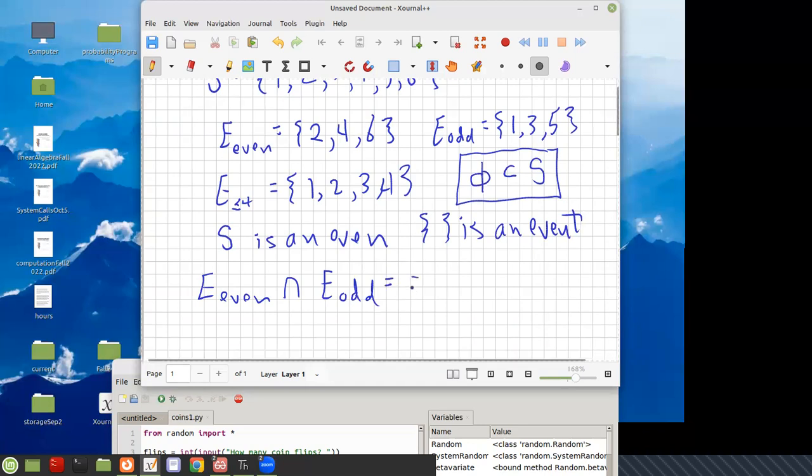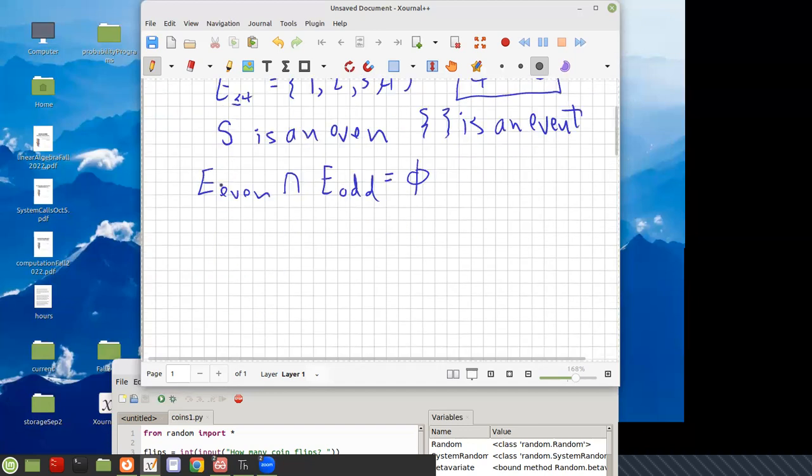Well, it's going to be the empty set, right? Because there's no intersection between the outcomes in the even event and the outcomes in the odd event. Now, if the intersection of two events is the empty set, then these events are said to be mutually exclusive.